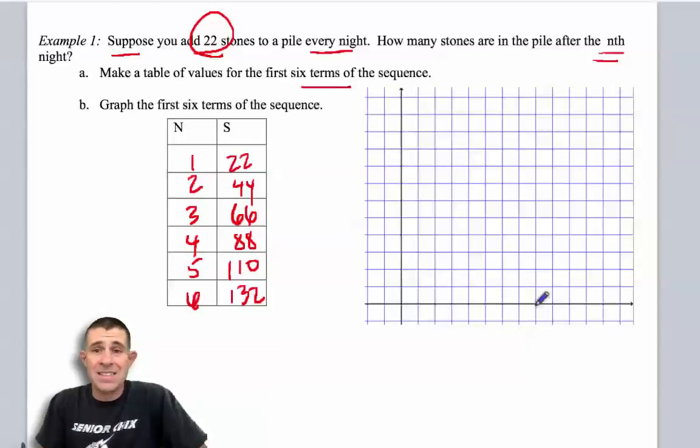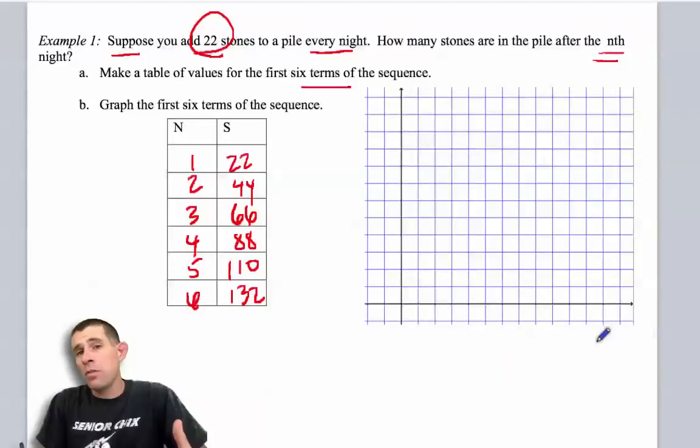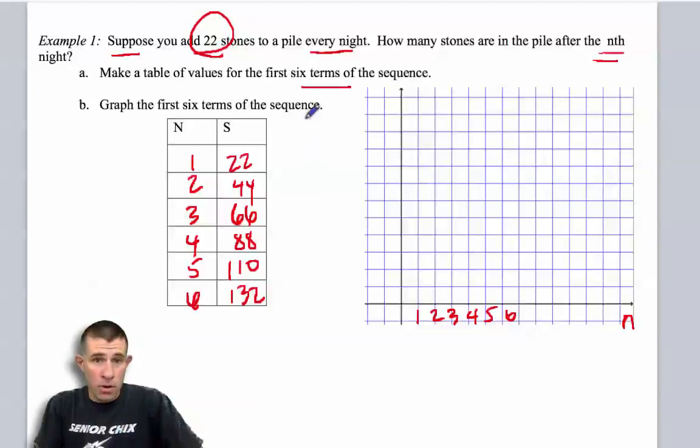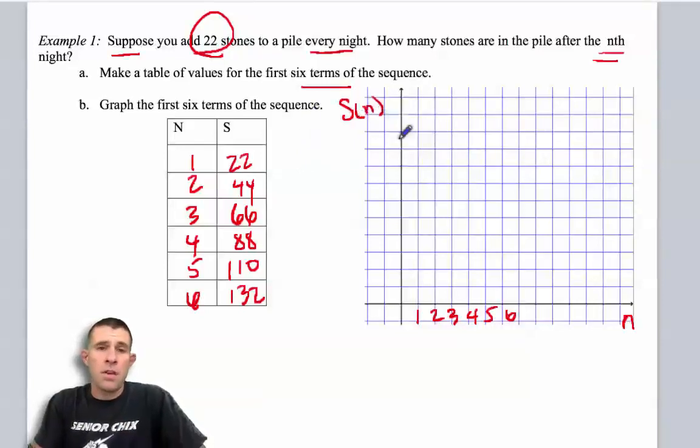Okay, so we need to plot those numbers now. Our x-axis here is our independent variable, also known as our term numbers. So n here is our term numbers because that's the number of nights. We have 1 through 6. And then along our y-axis is our dependent variable, which is the output, in this case the number of stones based on the nth night.